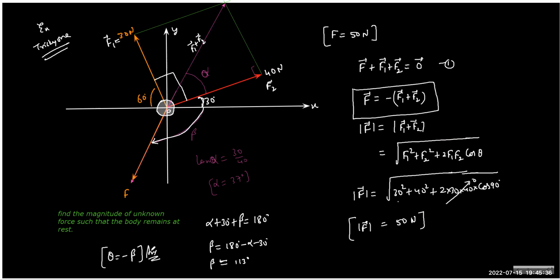So yeah, a bit of challenges here, but with practice you will realize that this is a very interesting result. Whenever three vectors are at equilibrium, if you add any two, it will be equal in magnitude to the third and opposite in direction, because that is the only way.